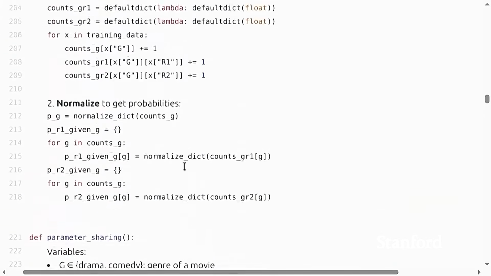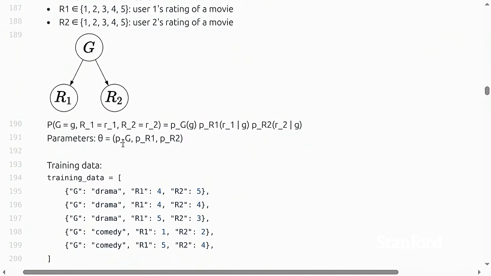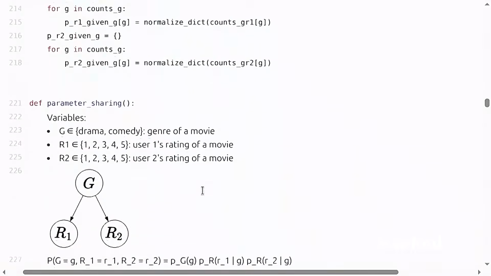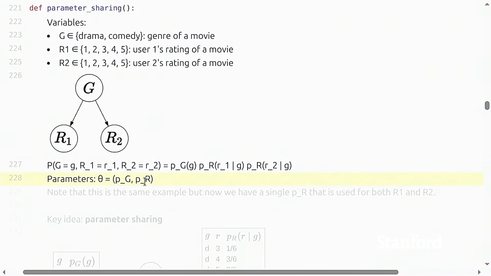Remember before, they were p_G, p_R1, and p_R2. So I had two local conditional distributions, one for each of R1 and R2, and now I only have one, even though the Bayesian network has the same structure.